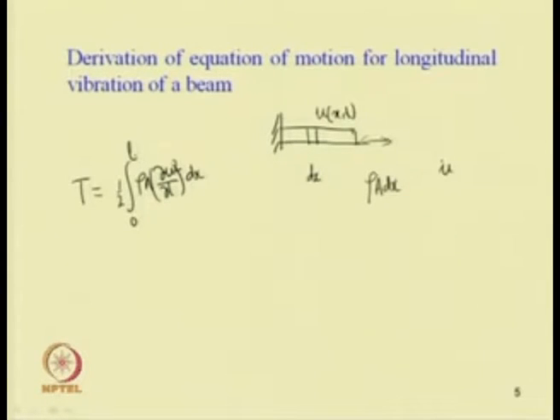Similarly, one can find the potential energy U. The potential energy can be written as half integral from 0 to L of stress into strain into dV, where dV is the volume, which can be written as A dx for a uniform cross section.